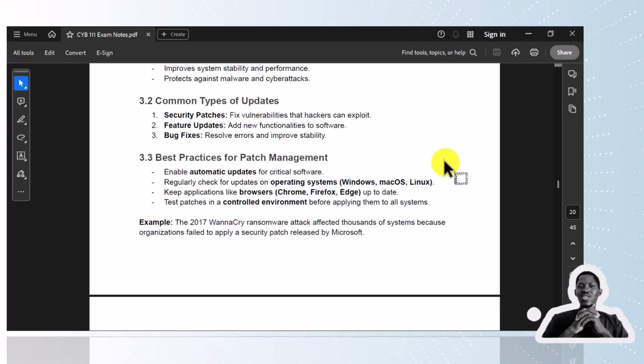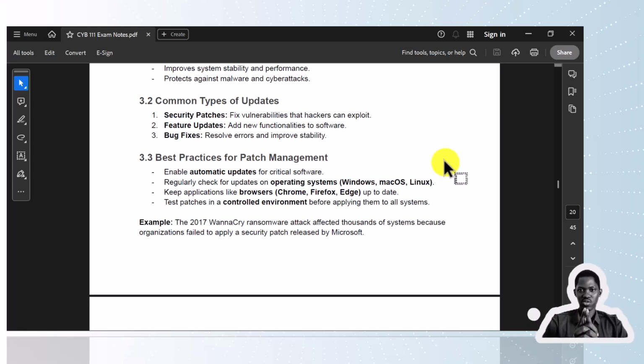Regularly check for updates on operating systems. For example, your Windows, your macOS, your Linux, your iOS, your Android OS. Regularly check for updates on operating systems.